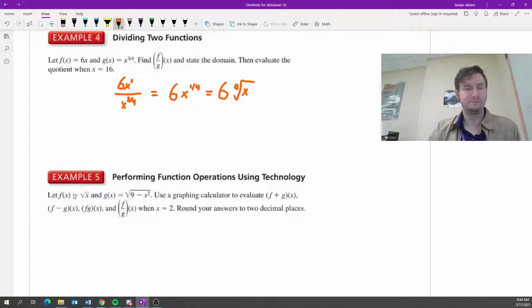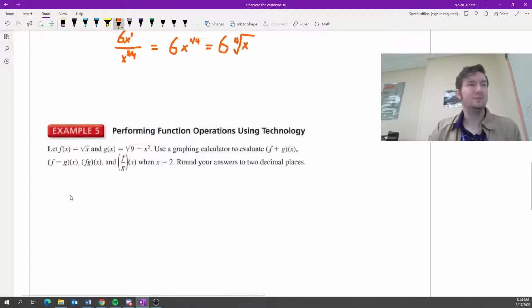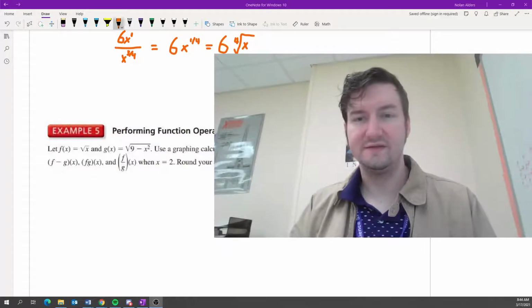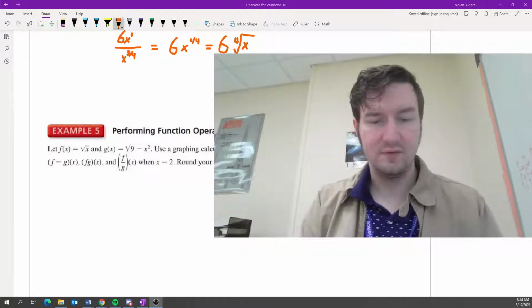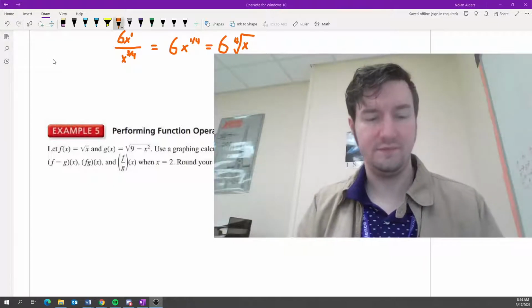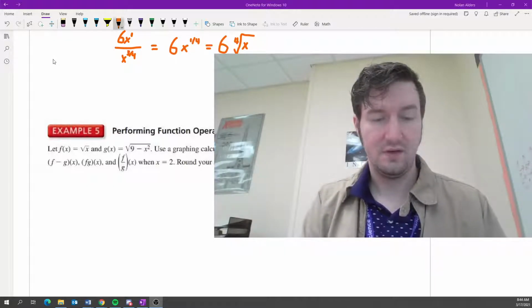All right, last but not least, let me show you how to do this on the calculator. I'm going to try to show you with my little webcam here, and make my face just a little bigger so y'all can see what I'm doing. You can enter your y functions on your calculator.